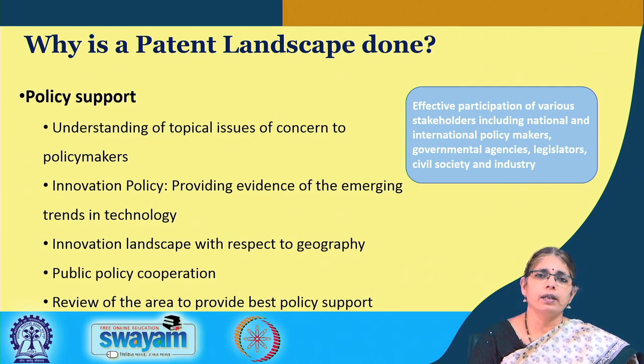When one looks at a patent landscape covering a set of technologies, one gets a view into what are the specific issues or concerns that have been addressed in a given technology area which are covered by patents. So it provides an opportunity to policymakers to understand which are the technologies that are actually being practiced, what is the status of those technologies, and who are the people who are actually incubating those technologies.